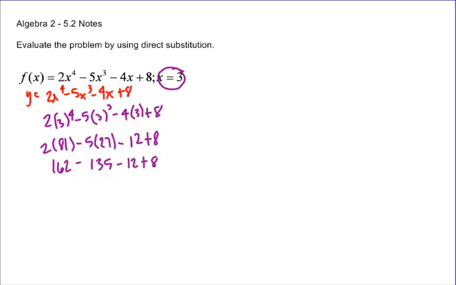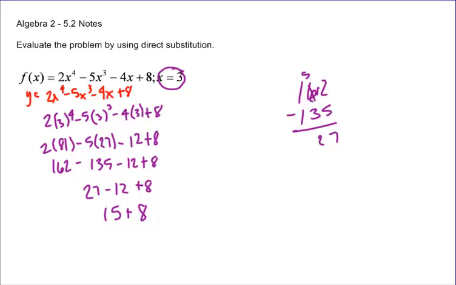Now just start combining these down. 162 minus 135, you can punch that into your calculator or do it in your head, but the old-fashioned way, it's going to be 27. So 27 minus 12 plus 8. 27 minus 12 is 15, plus 8 is 23. And that's how you would use direct substitution. They tell you a value for x, you solve it.